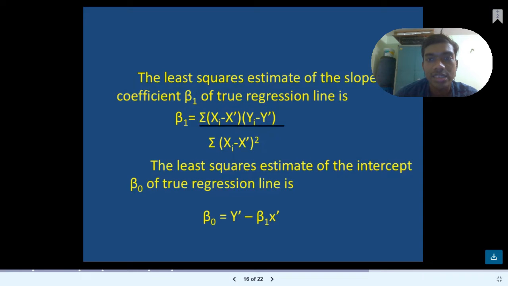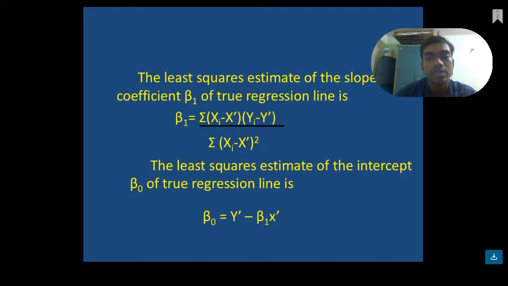The least squares estimate of the slope coefficient b1 of the true regression line is b1 equal to the summation of (xi minus x bar) times (yi minus y bar), divided by the summation of (xi minus x bar) squared. The least squares estimate of the intercept b0 is b0 equal to y bar minus b1 x bar.